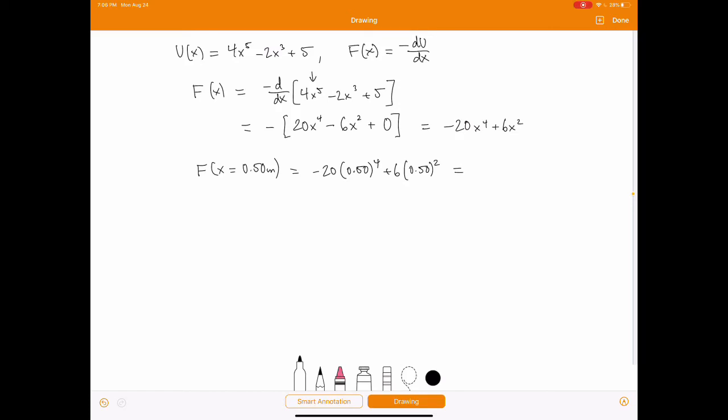And if you do that calculation, what you'll get is 0.25. Units are newtons here. And it's positive, indicating the force is in the plus x direction. So that's how that works.